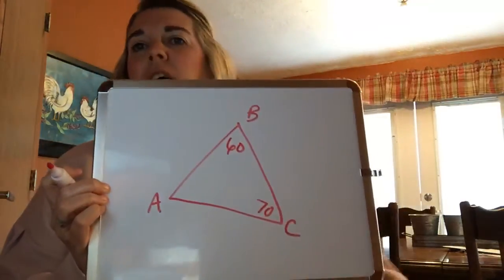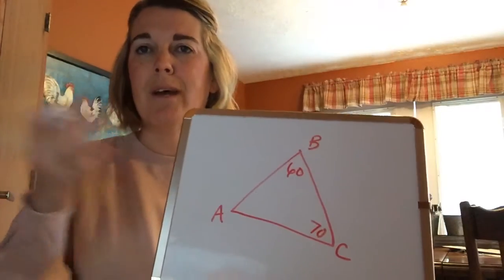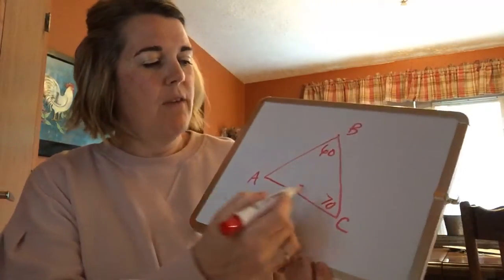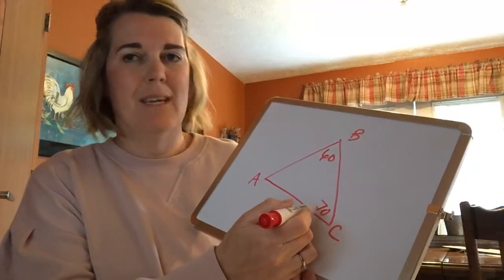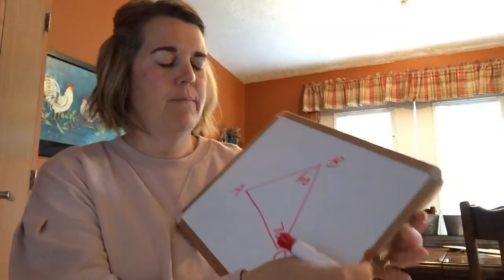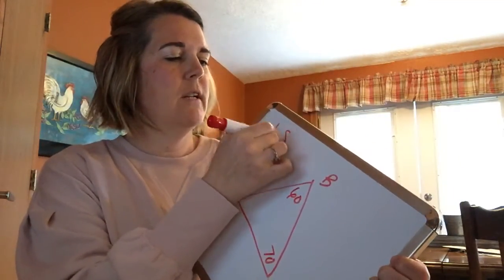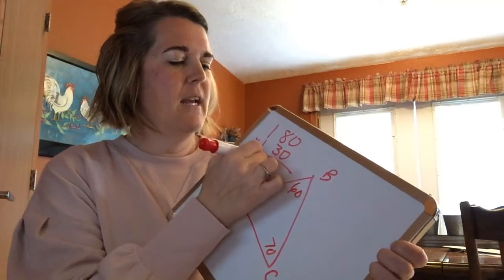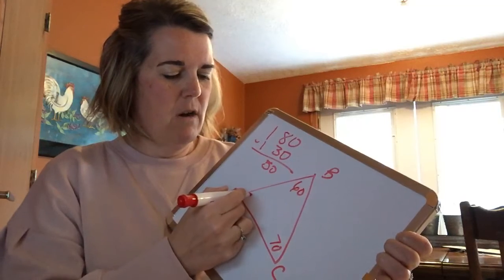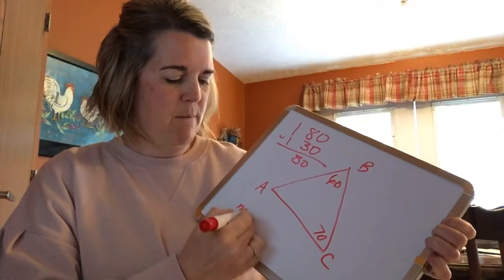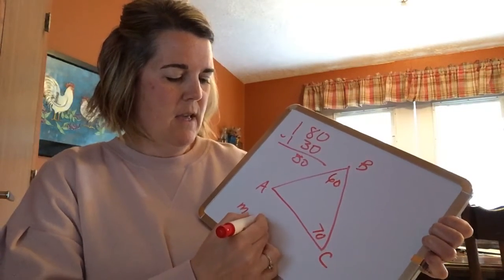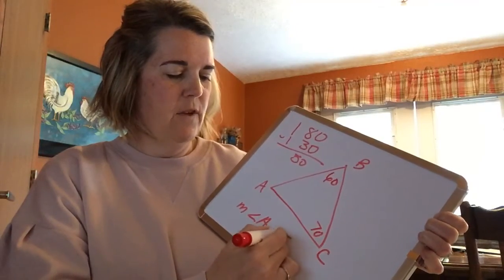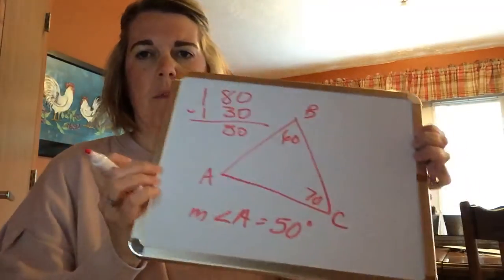I already know the whole thing equals 180, so if I add 60 plus 70, I get 130. I take 180 and subtract 130 from it, and I get 50. So that's what that little M means: the measure of angle A is 50 degrees.